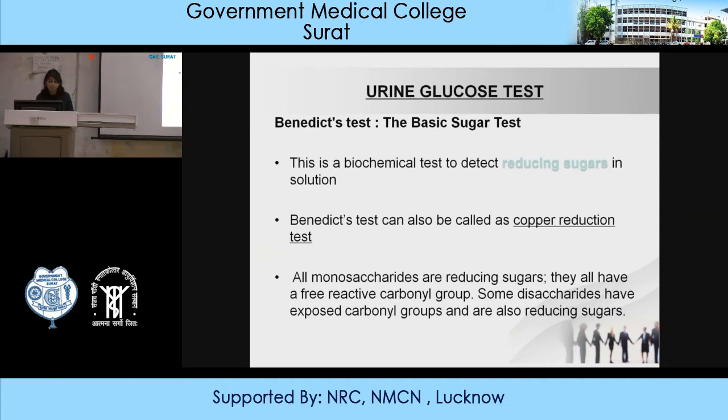Hence, it is also known as the copper reduction test. All monosaccharides are reducing sugars, and they have a free reactive carbonyl group, which will act for the reduction of copper. And some disaccharides have an exposed carbonyl group, and they are also reducing sugars. So all these monosaccharides as well as disaccharides will be positive with this Benedict's test, right?